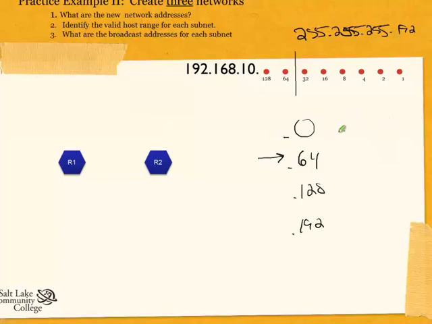So 64, which means 63 is going to be the broadcast. Once again, look at 64. 128 is the next network. 127 is the broadcast. 128 is the next network. 192, okay. 191. And of course, the last network will always have 255 as the broadcast.